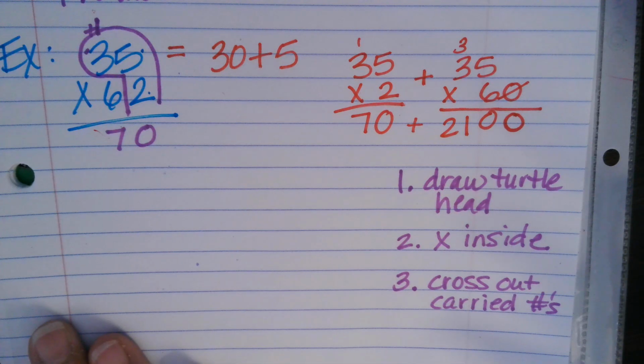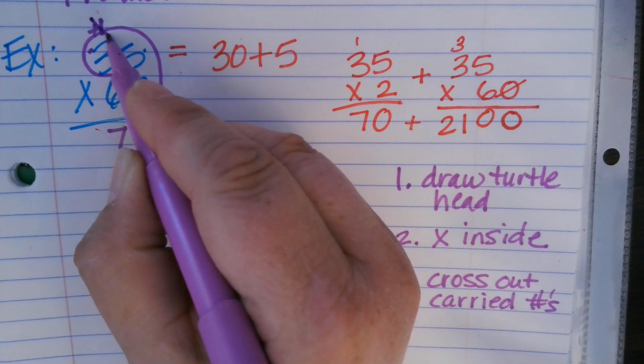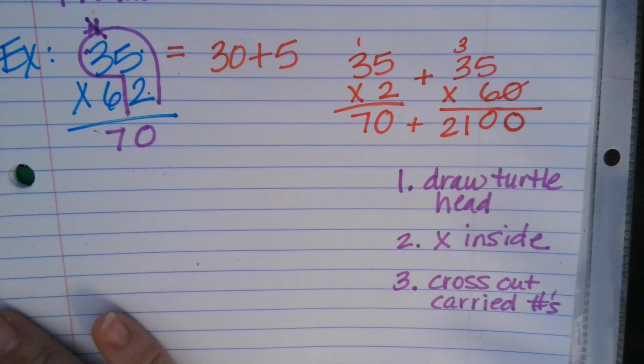Now, these next notes are important, especially this number 3. Because you're going to be multiplying by a different number now, you need to cross out your carried numbers so you don't re-add them and get confused on which number you're using. Now, cross out does not mean scribble scrabble. It means cross out, put a line through.